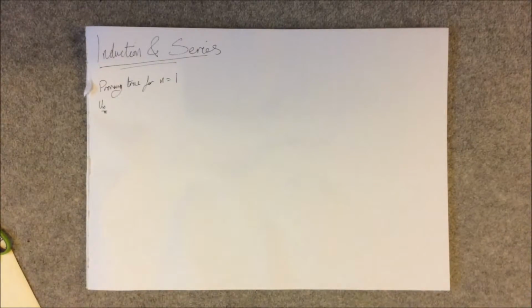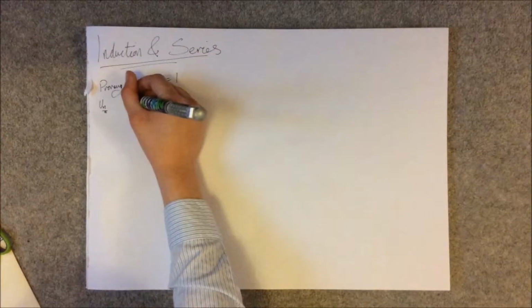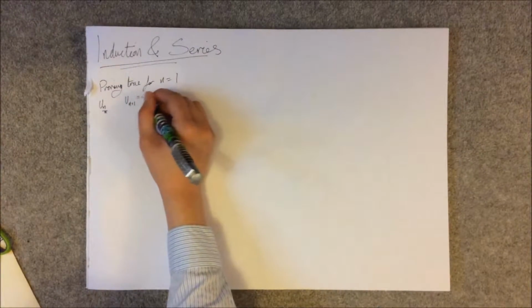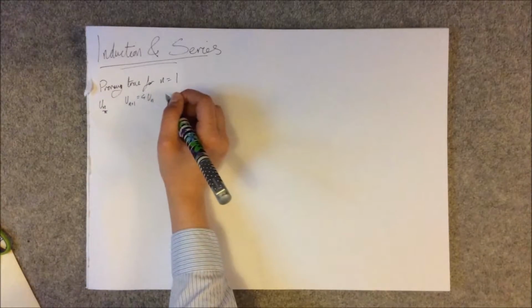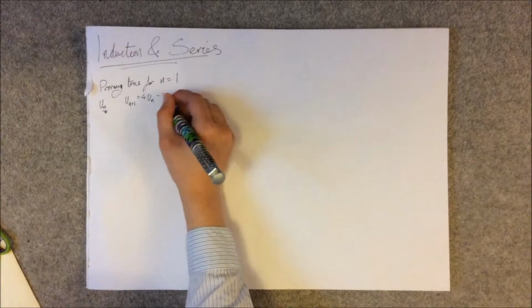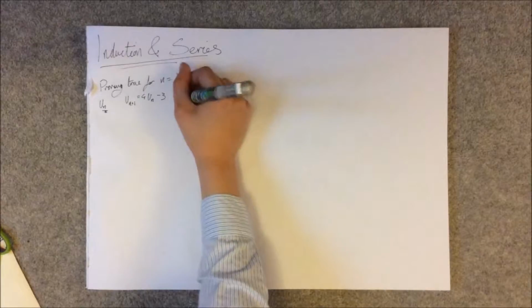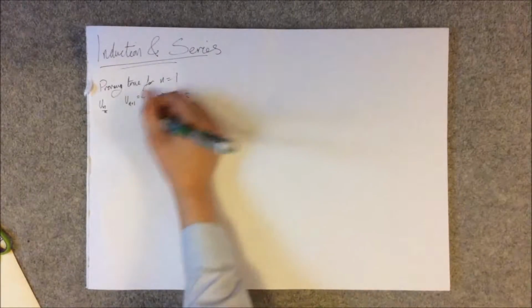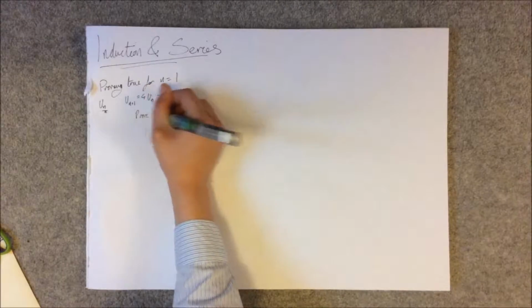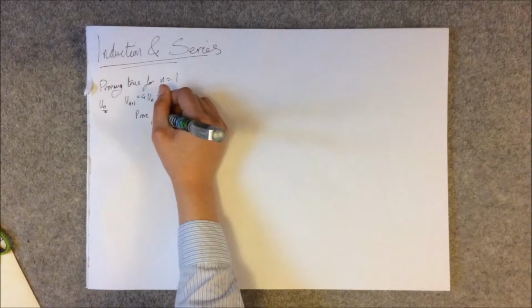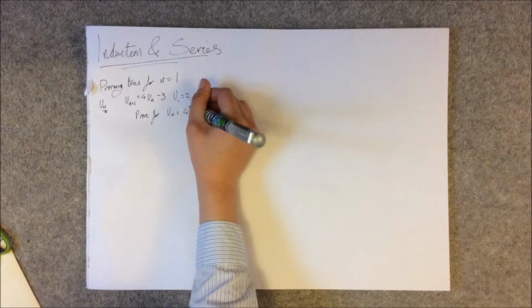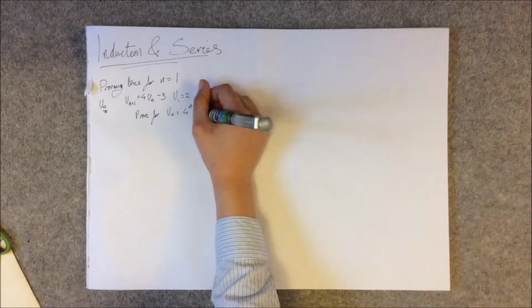So for example, if you're given the equation un plus 1 equals 4un minus 3, and you're given u1 equals 2, and you have to prove it for the equation un equals 4 to the n minus 1 plus 1.